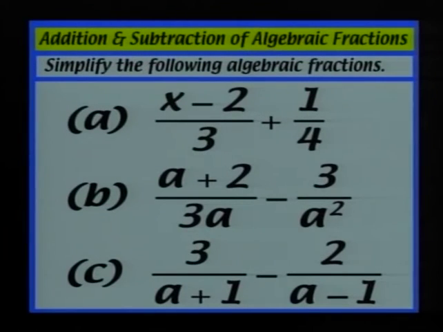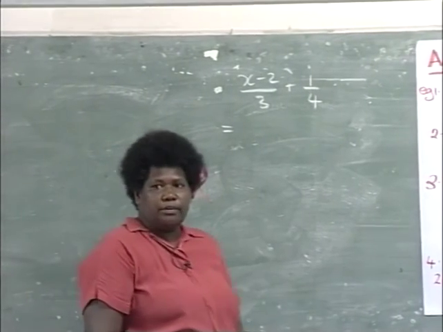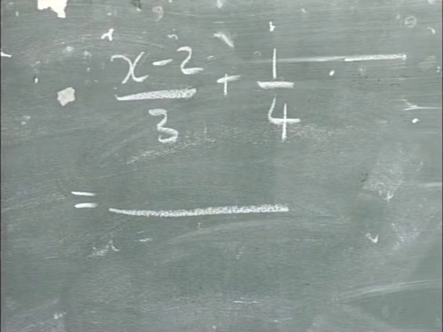All right, let's look at letter A. x minus 2 over 3 plus 1 over 4. First of all, we have to find the lowest common multiple of 4 and 3.